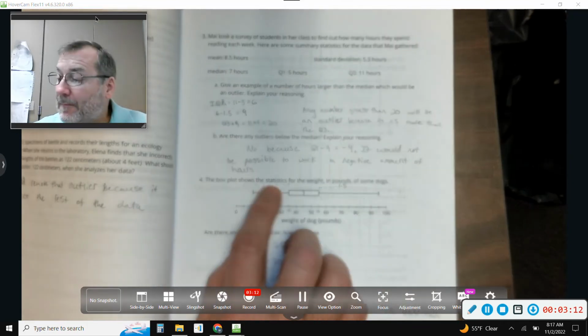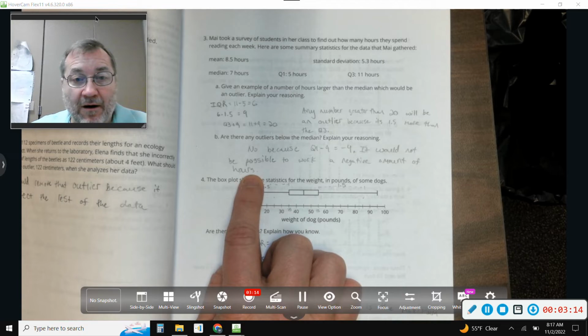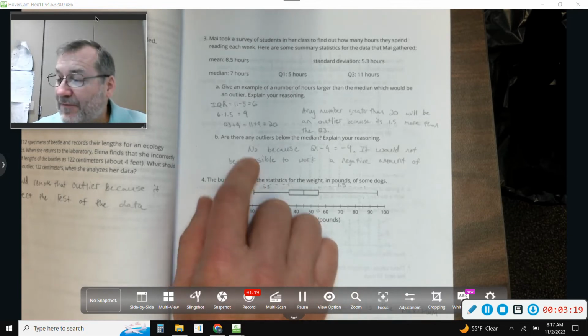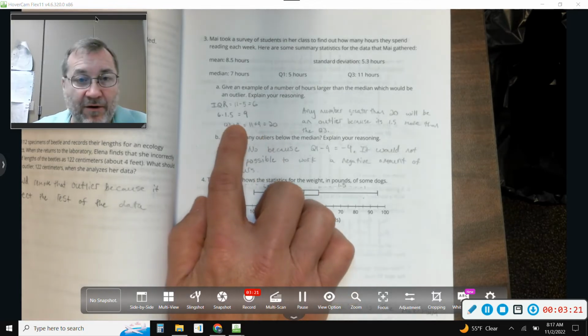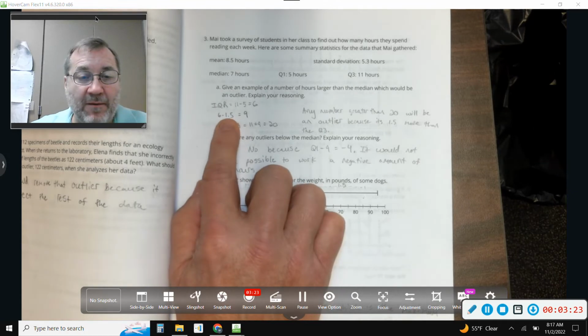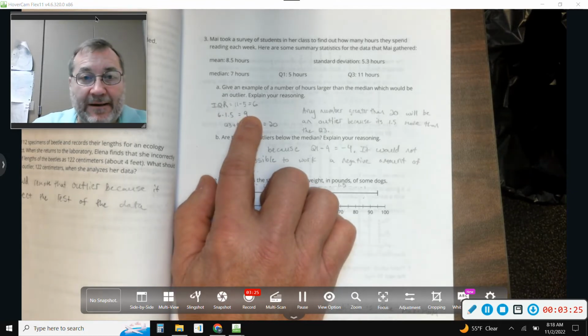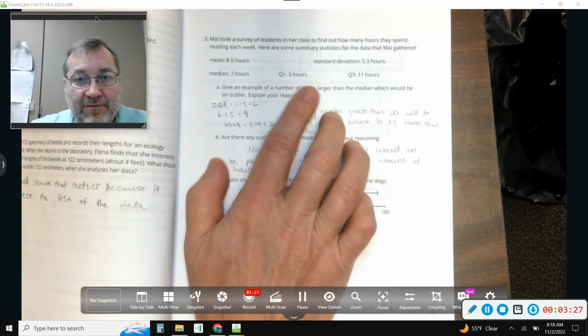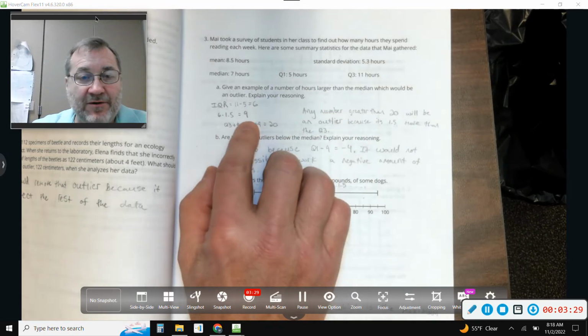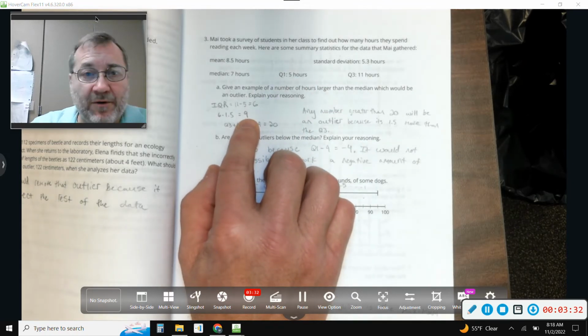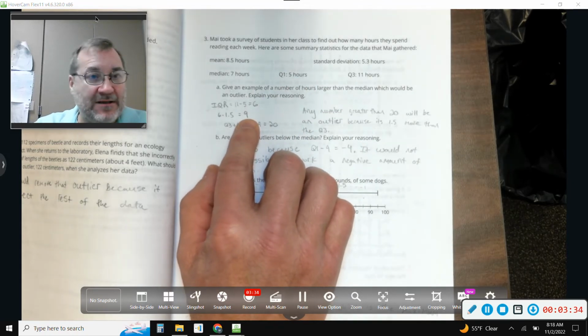And letter B, are there any outliers below the median? If you consider that, we have the same IQR going on here, with the 6 times 1.5 equals 9. And when you take Q1, which is right up here, and you subtract off 9, now you get a negative number. The data has to stop at 0.